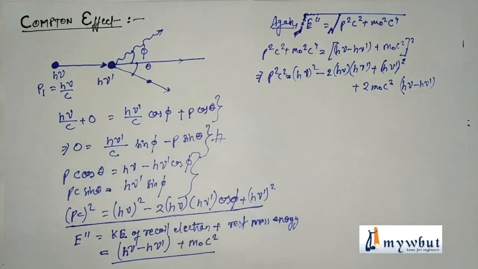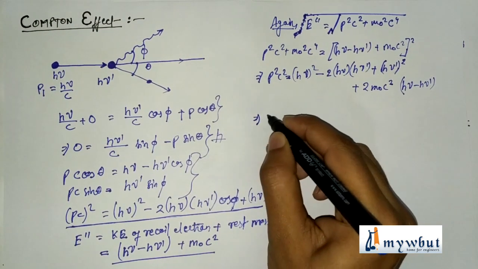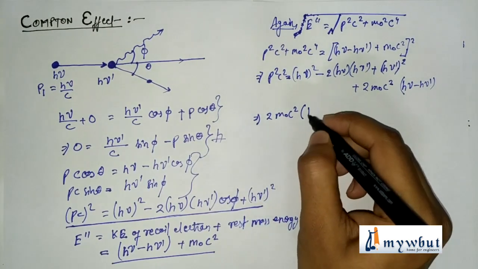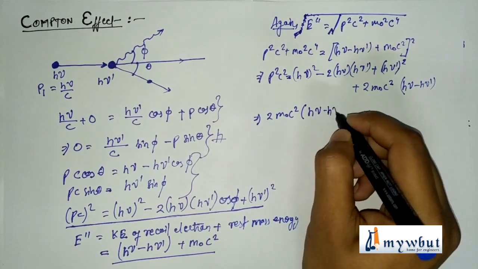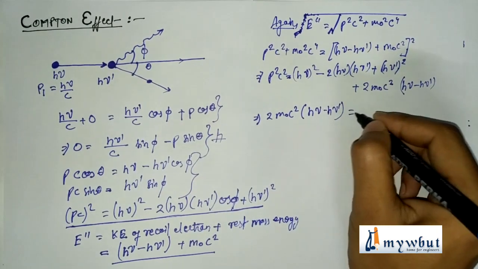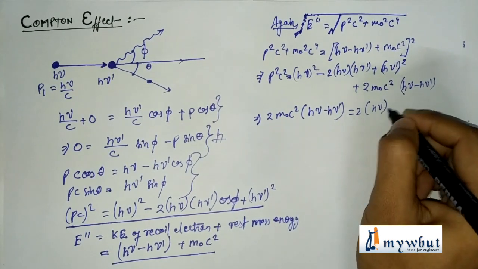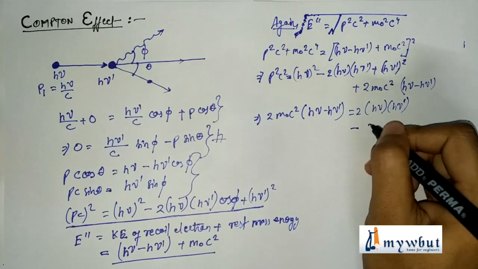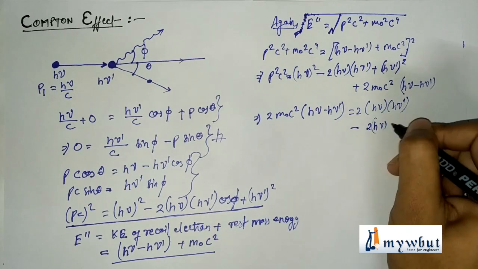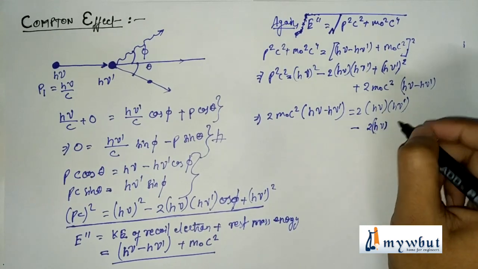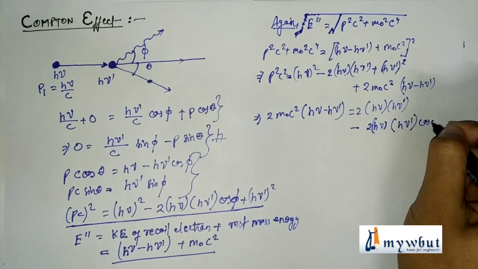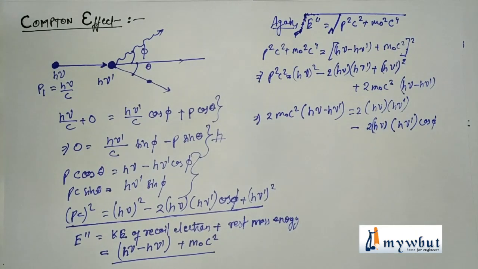So we get from these equations 2 m naught c square into h nu minus h nu dash is equal to 2 h nu into h nu dash minus 2 h nu into h nu dash cos of phi.